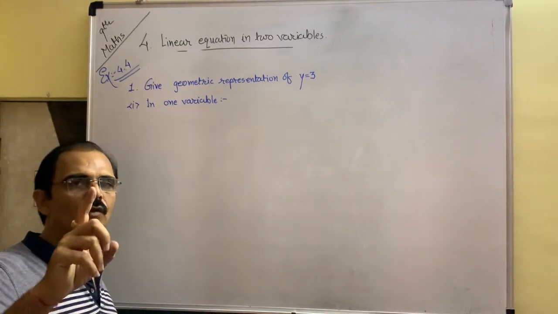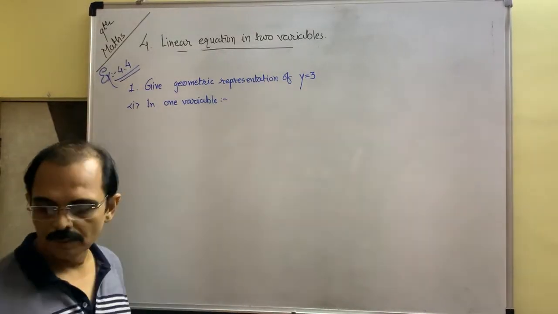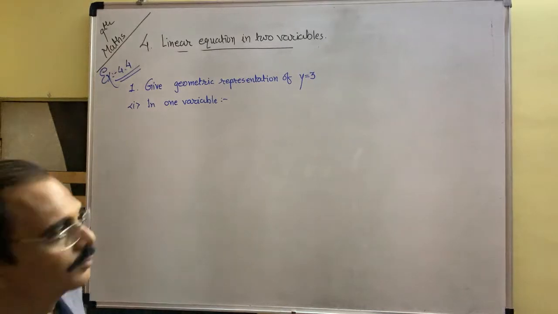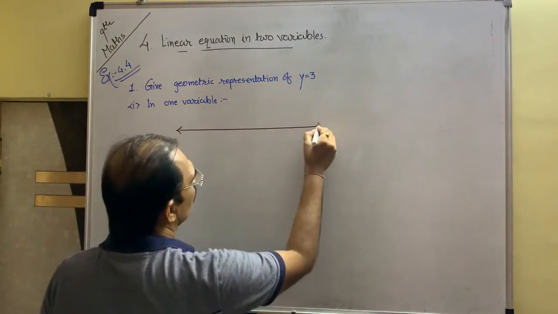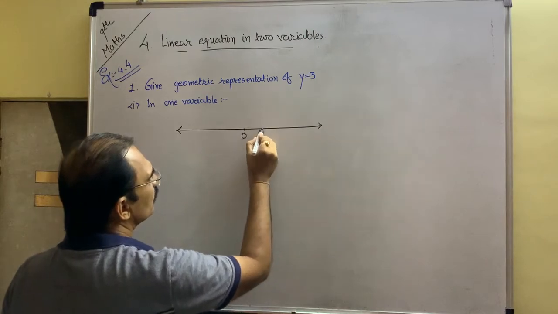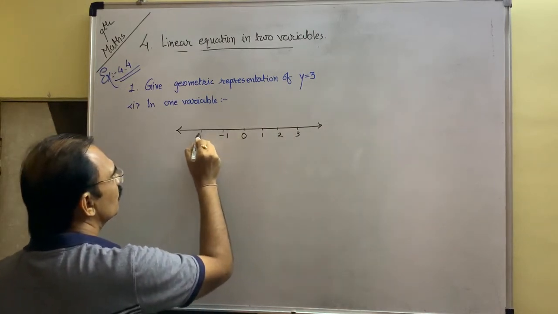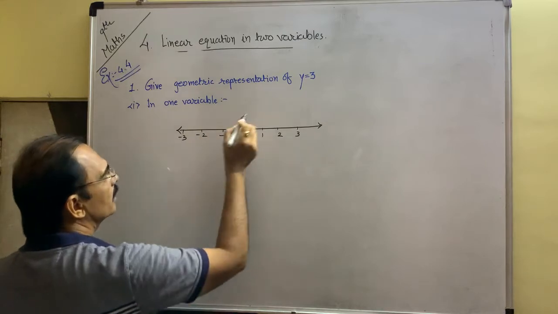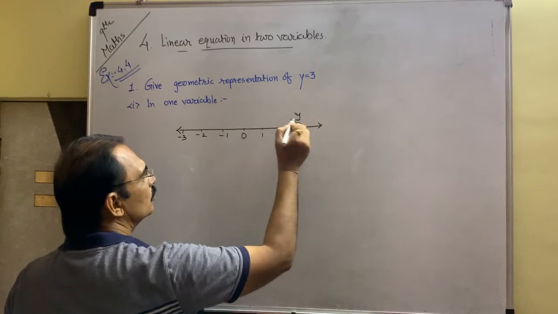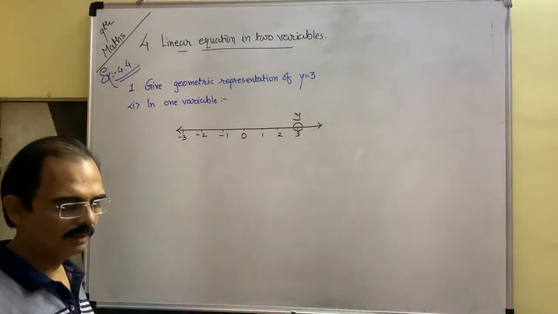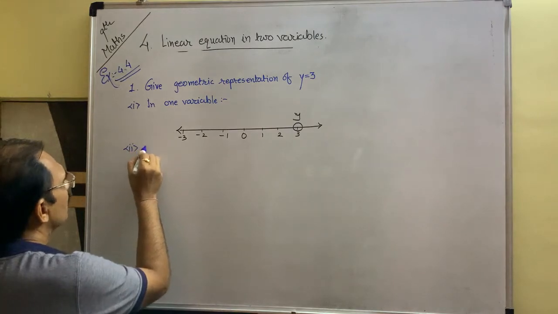If you have only one variable, you can draw it with a number line only. Number line: this is 0, 1, 2, 3, minus 1, minus 2, minus 3. This is your y. Y equals to 3. One variable.